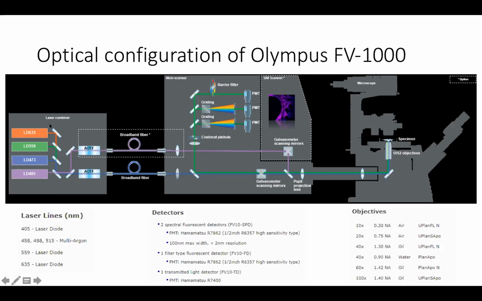It's going to pass through this mirror, and the light will pass through the AOTF, which stands for acousto-optic tunable filter. Now the light that comes out of the laser is not exactly 405 nanometer in wavelength, and the AOTF is going to fine tune that wavelength for you.